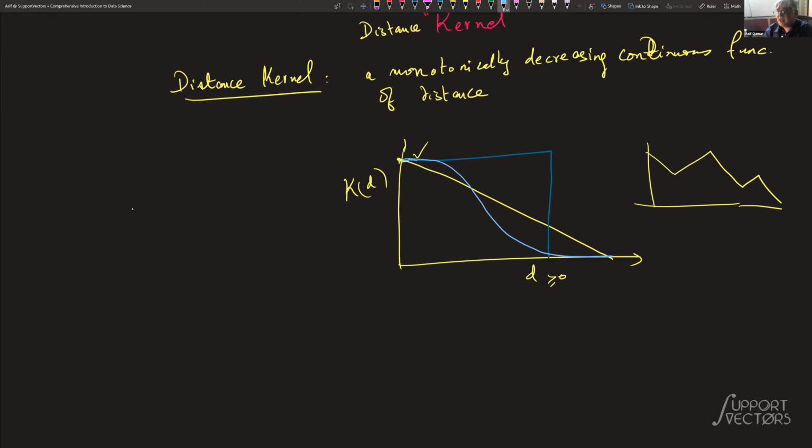And now you compute the distance to all of them, d1, d2, d3. So you computed the distance to the 3 points. And now what you do is you want to take a weighted average.